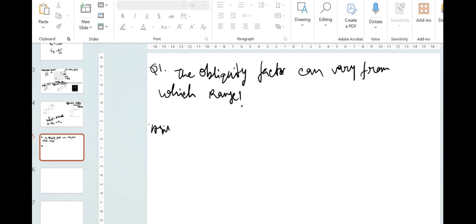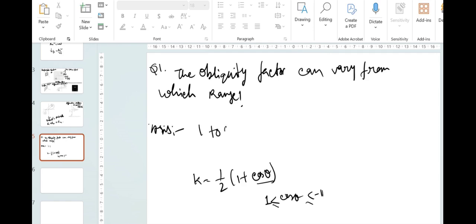I have shown that cos theta varies from 1 to -1, so 1 plus cos theta varies from 2 to 0. Half of that is 1 to 0. That's the answer.